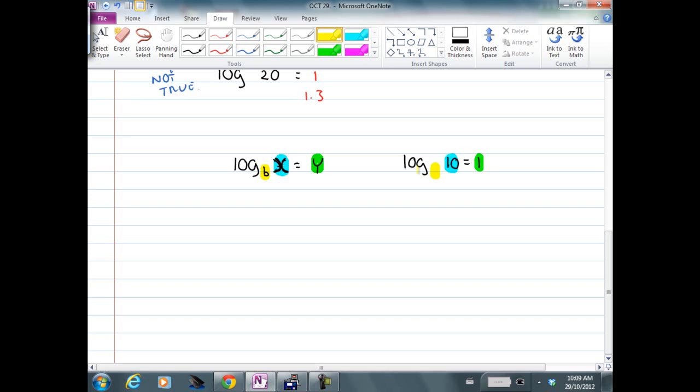So I'm going to give you a few more things. This is called your base. This is known as the base.